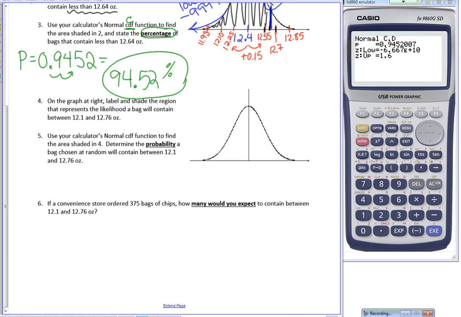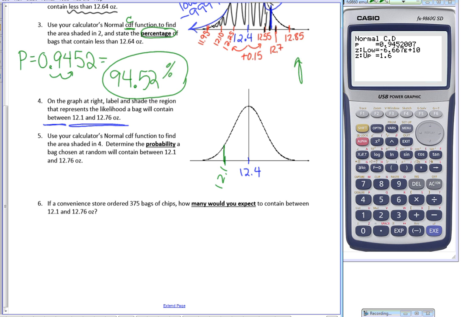All right, so on number 4, we're supposed to label and shade the region that represents the likelihood that we're going to be between 12.1 and 12.76 ounces. So again, the 12.4 was the middle. If I'm looking at my scale that I had up there, 12.1 was right on a standard deviation.